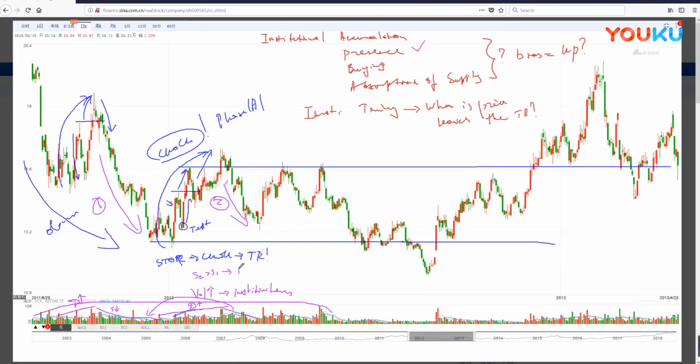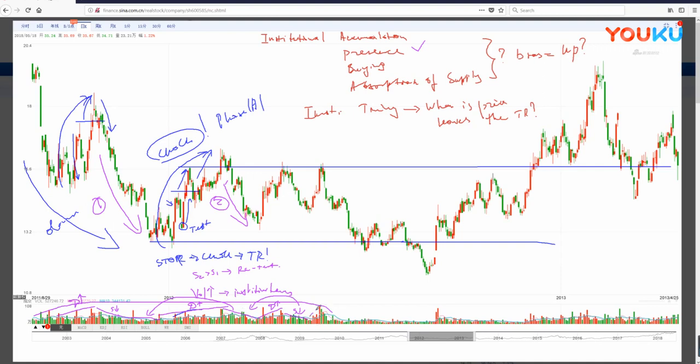So that suggests some kind of retesting. And as we look at the next retest, again demand is growing, supply is decreasing. So this is a really good sign, because not only is supply decreasing relative to the reaction that we have, but also relative to the previous area where supply was relatively high.